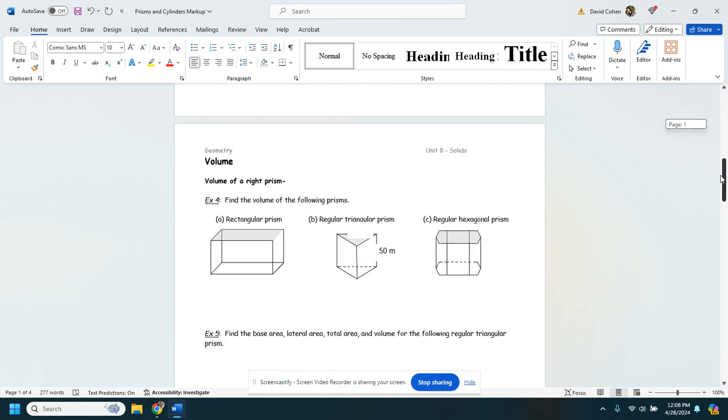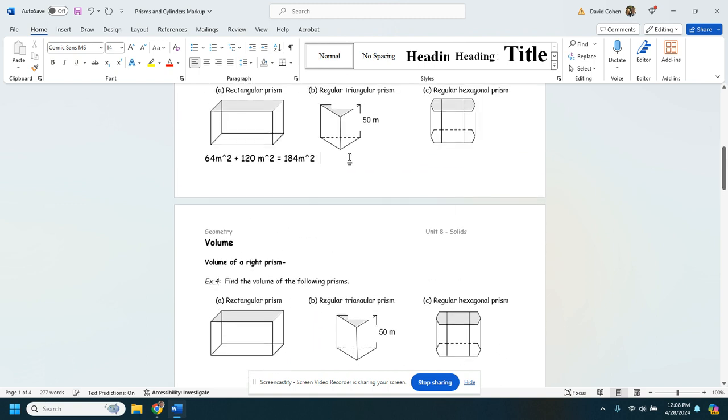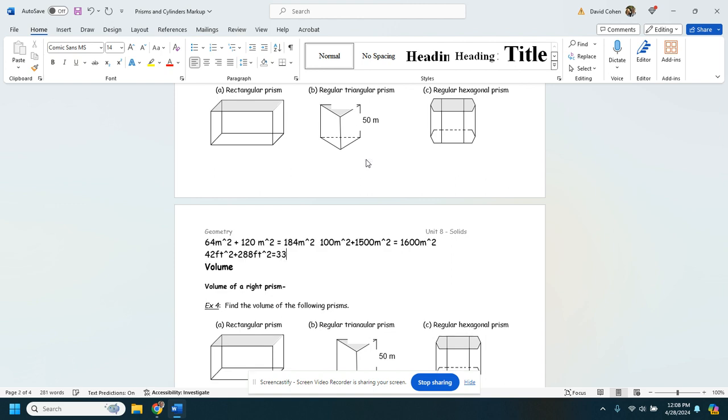That's going to be 100. And then it was 100 meters squared plus 1,500 meters squared equals 1,600 meters squared. And for the final one, we're going to add the 42 feet squared plus the 288 feet squared, and that equals 330 feet squared.